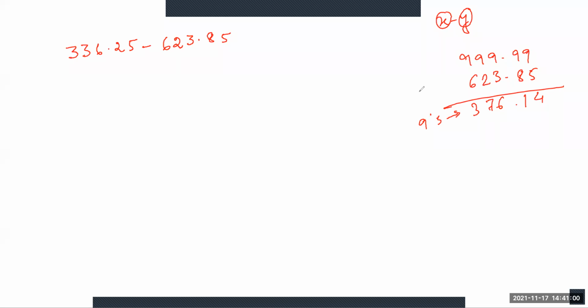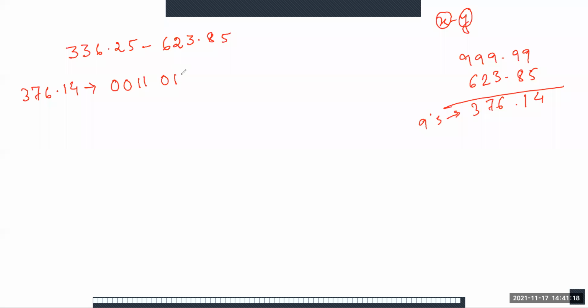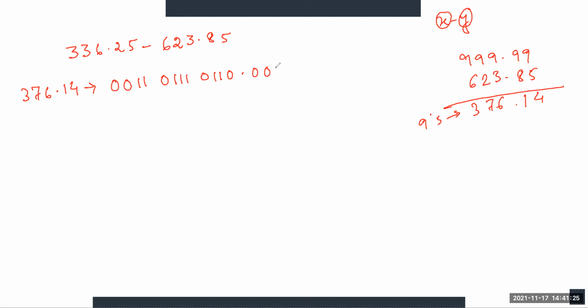Now we will add it with the minuend in BCD addition form. So 376.14 means 0011, 0111, 0110 point 0001, 0100, and the minuend, that is 336.25.